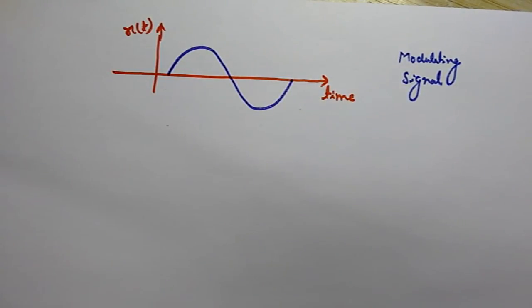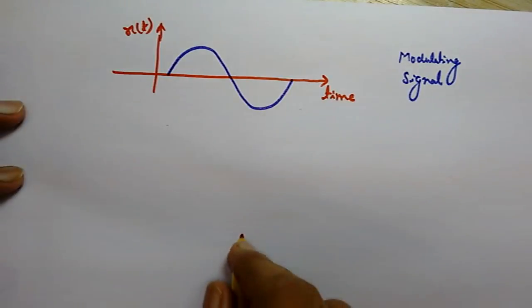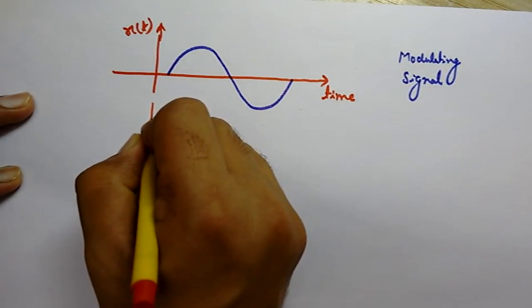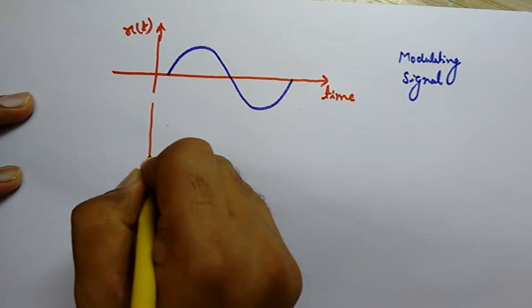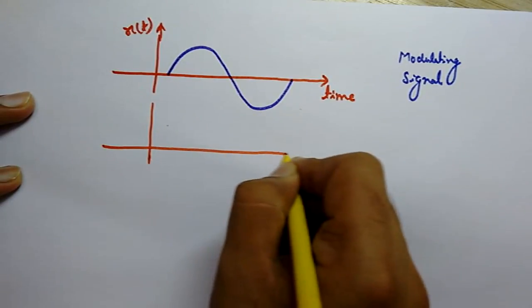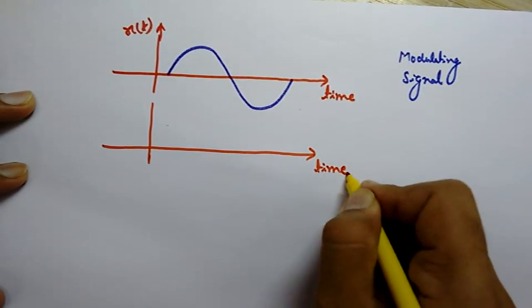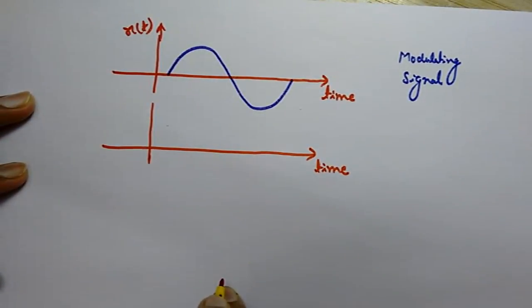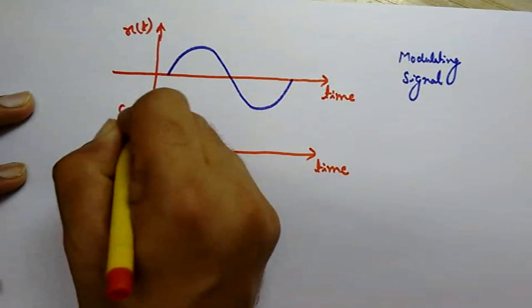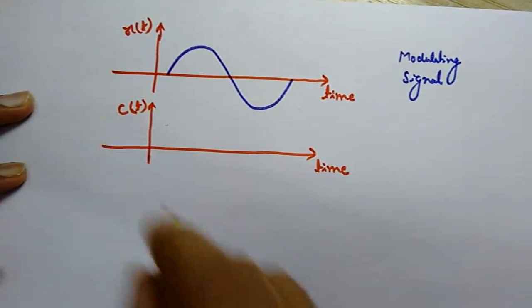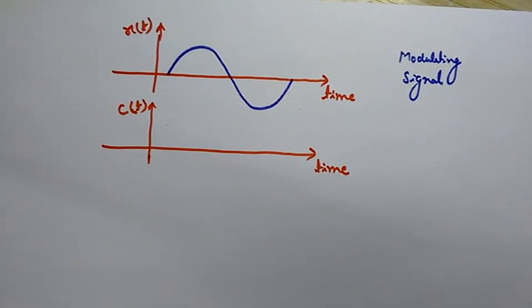Now I will draw the carrier wave, the pulsed carrier wave. Here it is, the time axis. This CT represents the carrier wave.